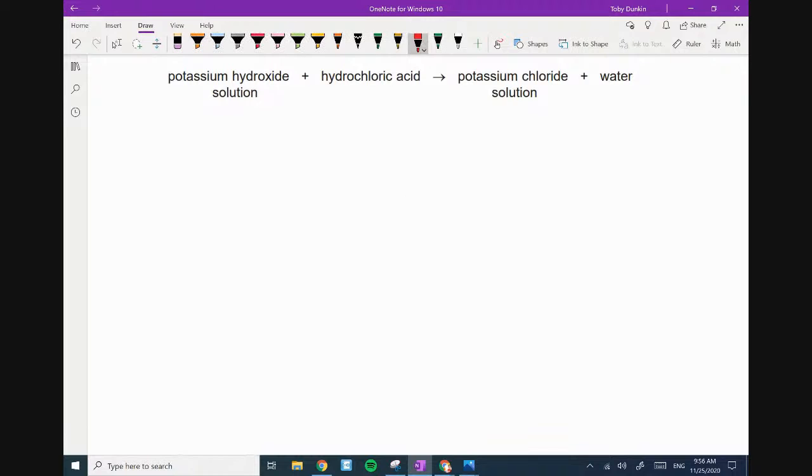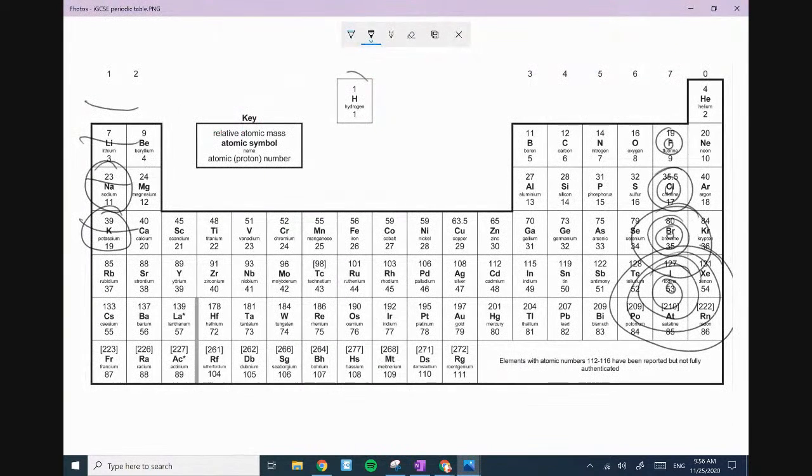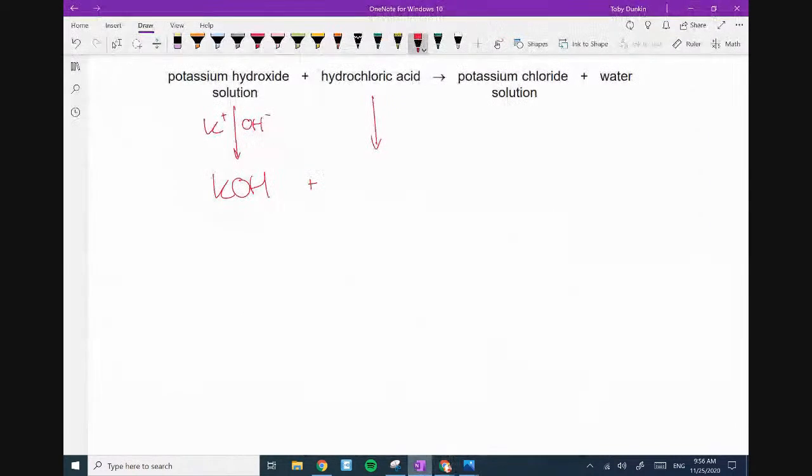So I need to convert this word equation to a symbol equation. What ions are in it? K plus, OH minus, charges cancel, plus HCl, hydrochloric acid. Hydrogen is H plus, hydrogen's always H plus. So we've got H plus and Cl minus, charges cancel. Potassium chloride, K plus and Cl minus, charges cancel, KCl.